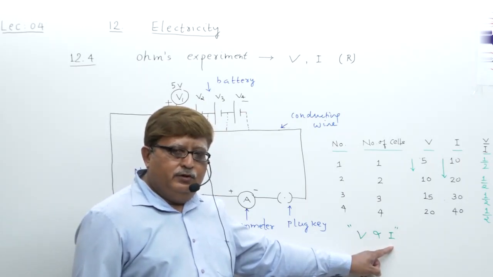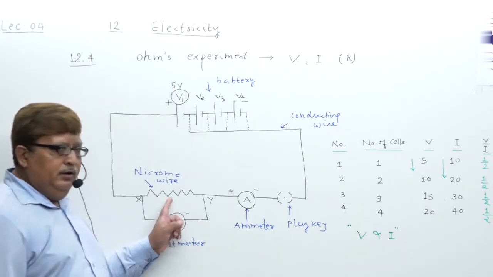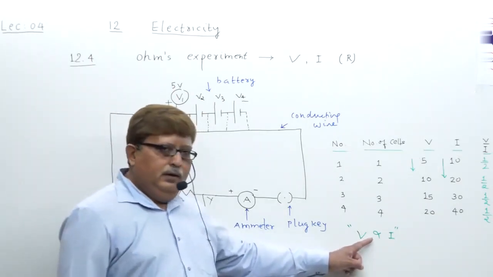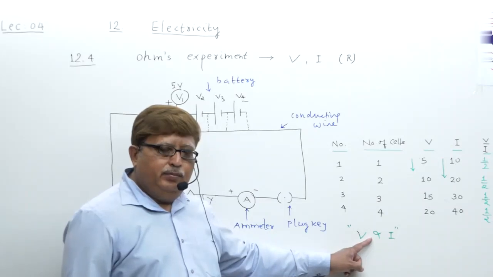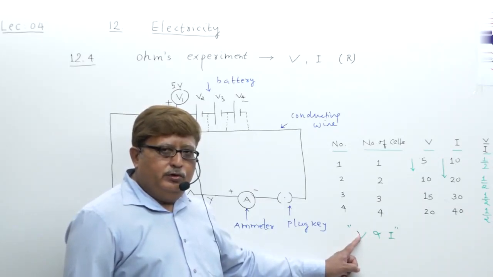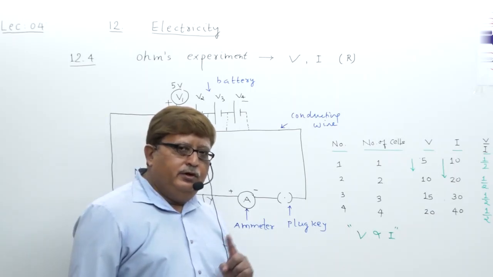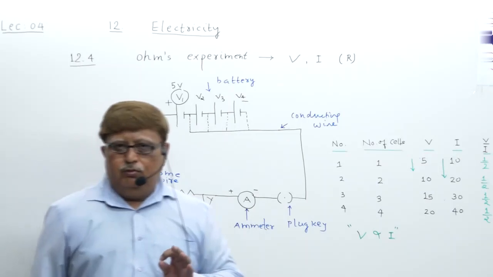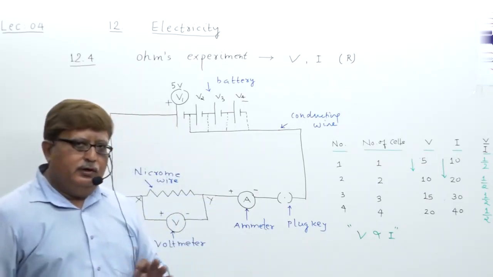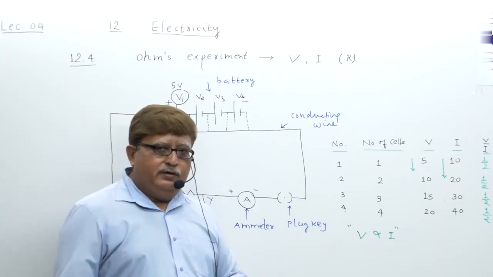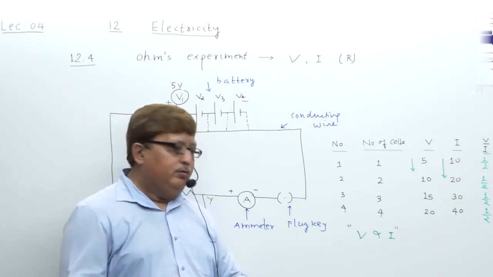Current passing through a conductor is directly proportional to the potential difference across two ends of the conductor. Okay, again that is actually Ohm's law.